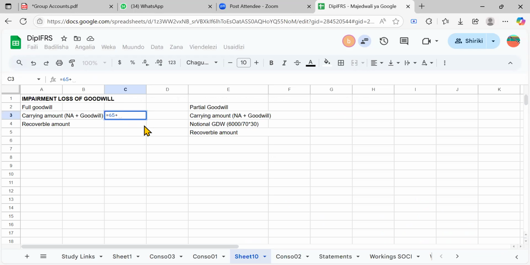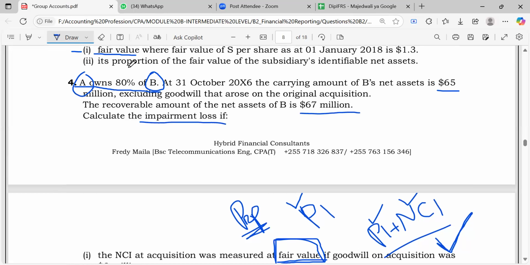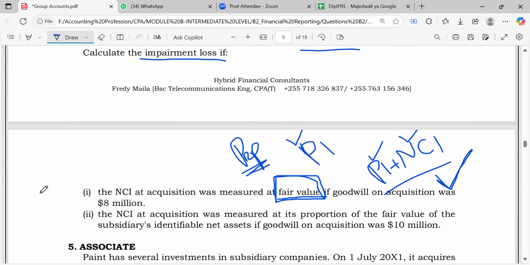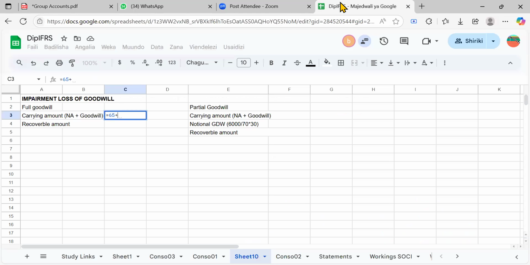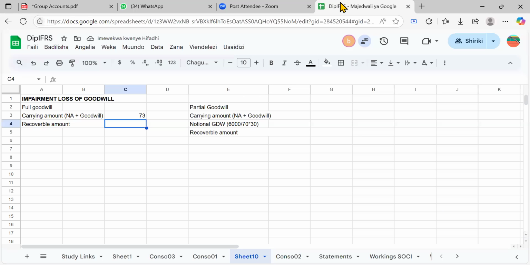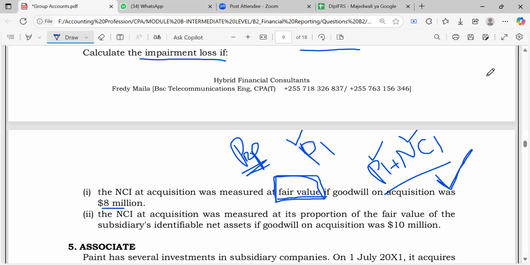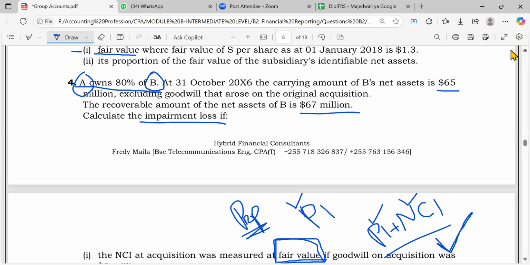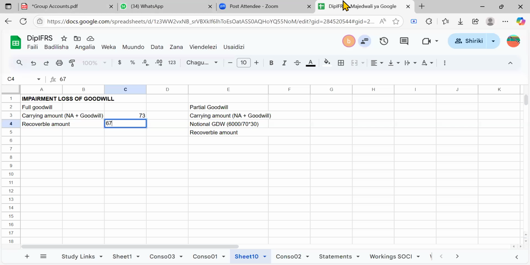Yes, I would have to add my goodwill. How much? 8 million. So I'll just come here and say plus 8, and I would have 73 there. Now we compare with the recoverable amount. What amount would we recover? 67. So I would say 67.